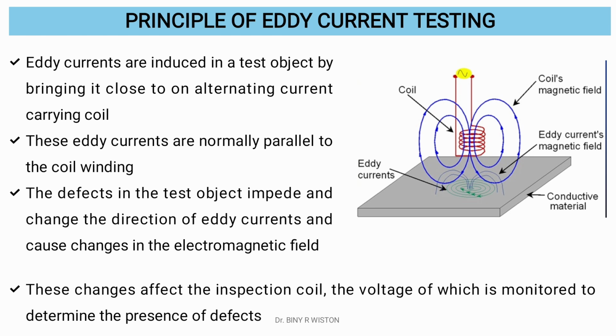The defects in the test object impede and change the direction of eddy currents and cause changes in the electromagnetic field. These changes affect the inspection coil, the voltage of which is monitored to determine the presence of defects.